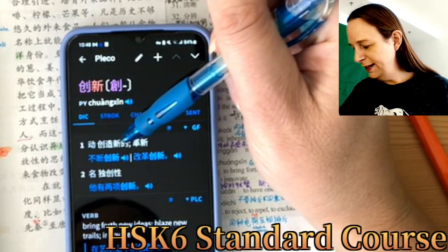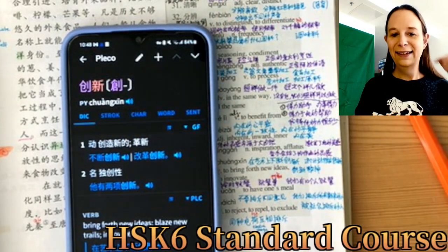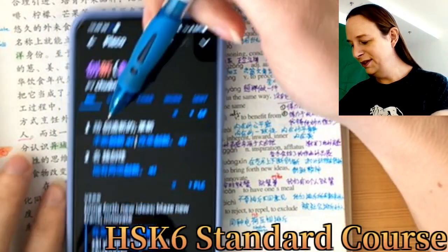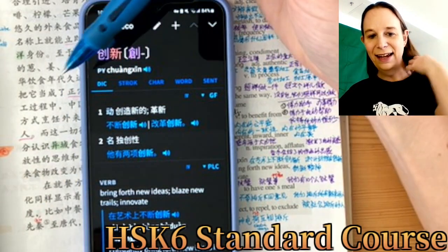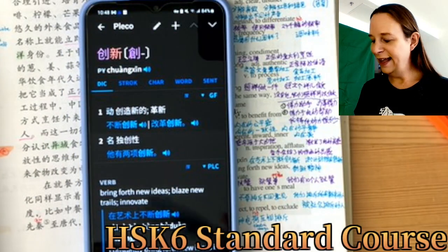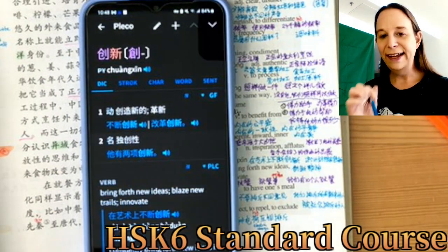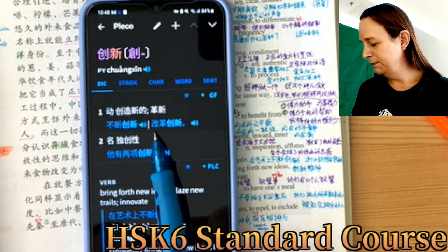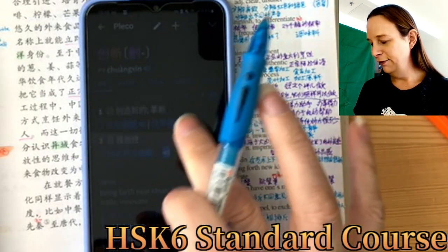Okay, 创造新的革新. Yeah, so it's do something new, novel. It hasn't been done before. 不断创新, like this is like continuously innovate. 改革创新, reform, innovate.